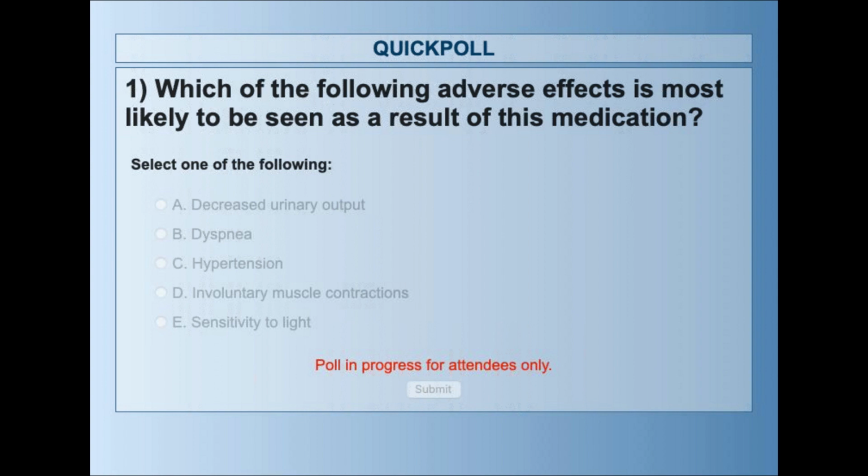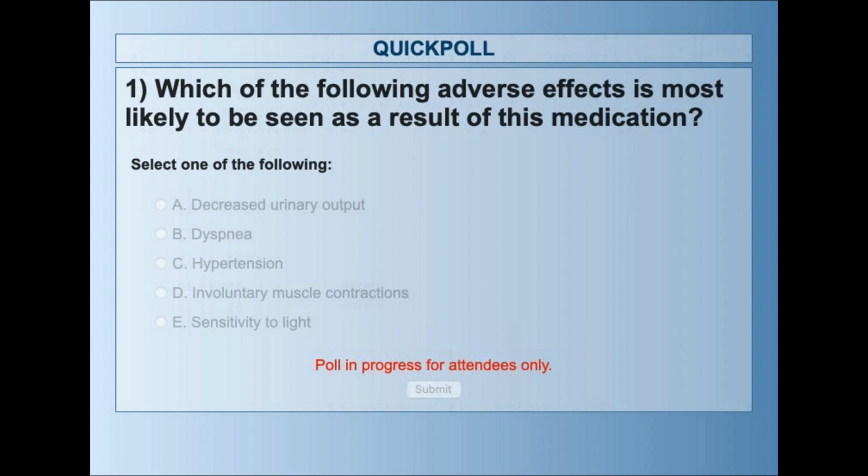So let's see. Almost two-thirds of you have voted. We'll keep the poll open for just a few more seconds. There's a pretty strong consensus backing one of the answer choices.